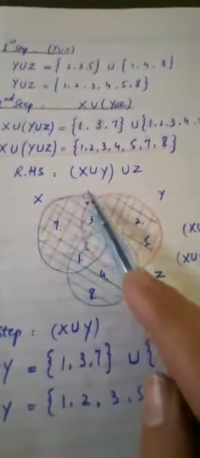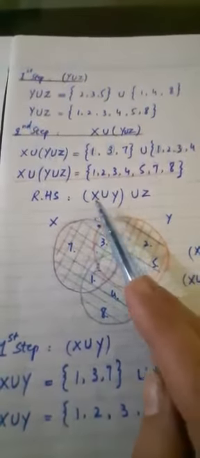Now we will find the union of these two sets, and we will come to an answer which is X union (Y union Z), and this will include all the elements. Now in order to prove the property, we will continue and solve the right hand side.